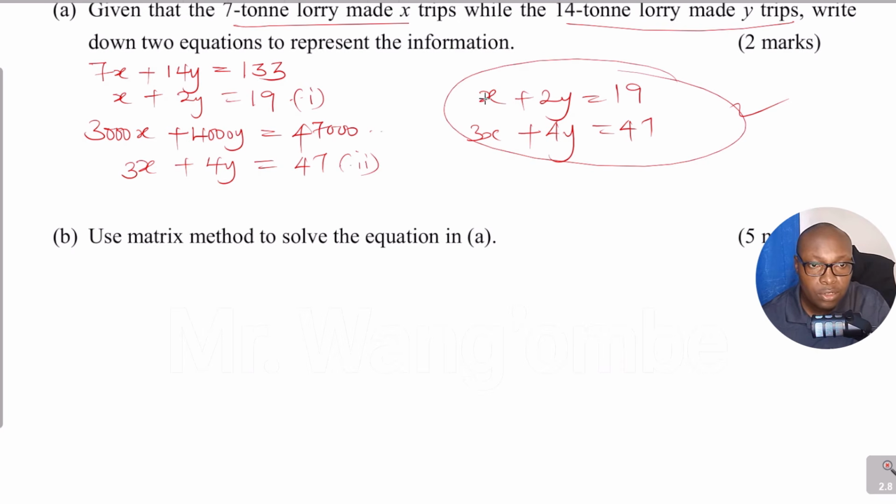The coefficient of x in the first one is 1, and in the second one is 3. The coefficient of y is positive 2, and in the second equation is positive 4. Then the unknowns that you're looking for, x and y, should be equivalent to 19, 47.